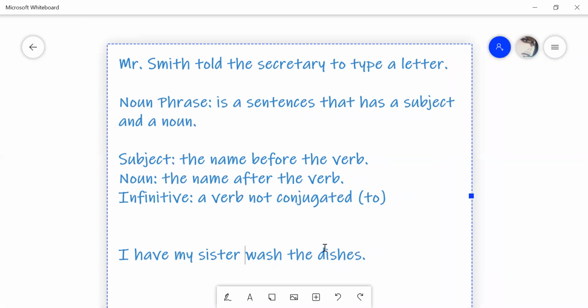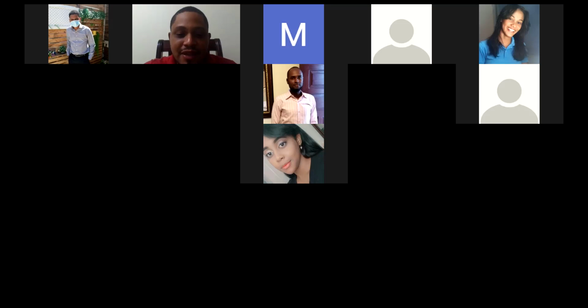Those verbs, have, let, and make, are the ones that don't accept the to in here. The rest of the verbs do. Let's take a look at the examples in the book.